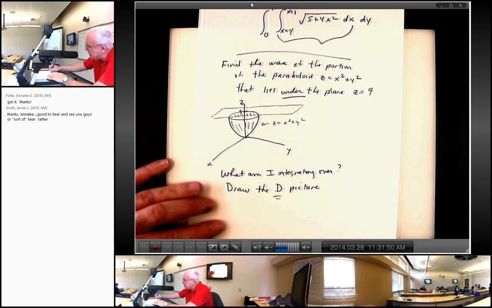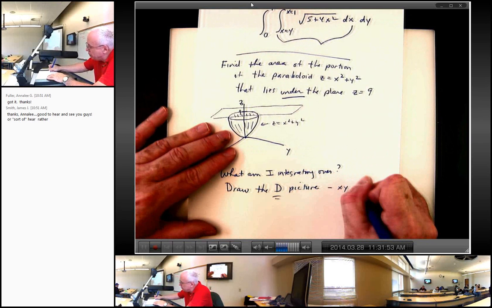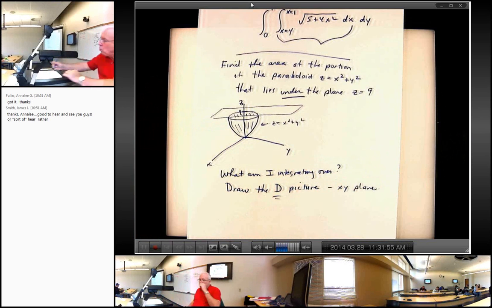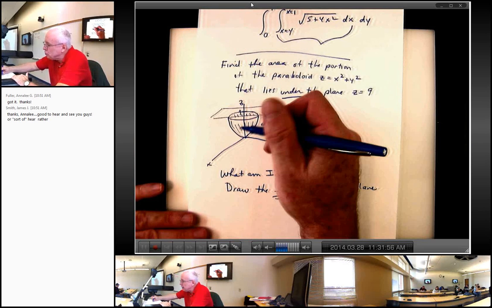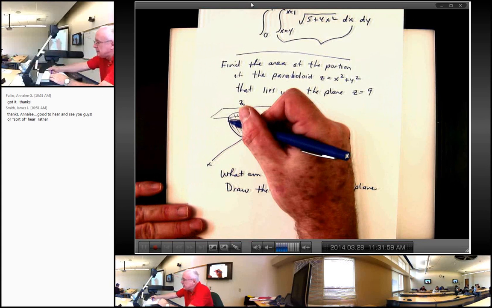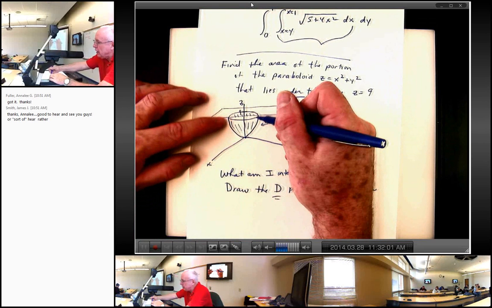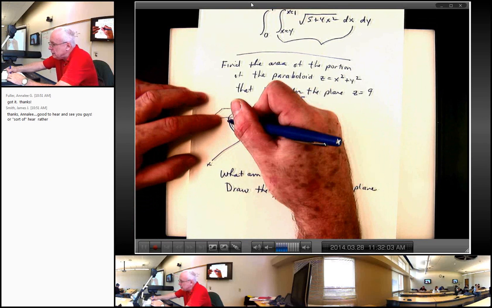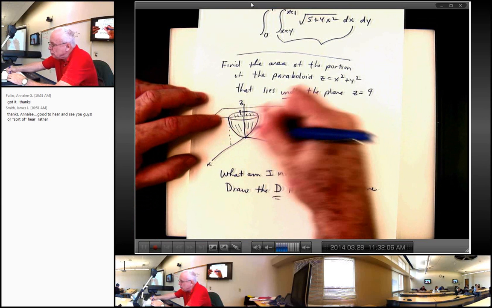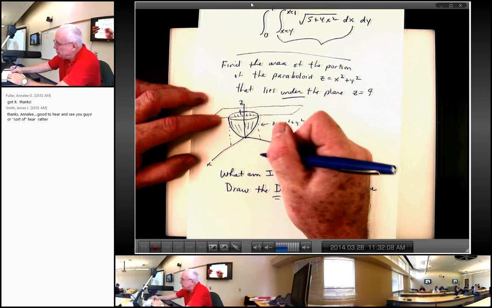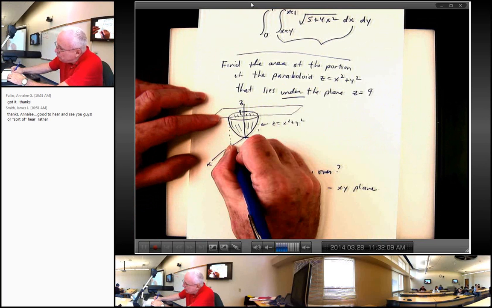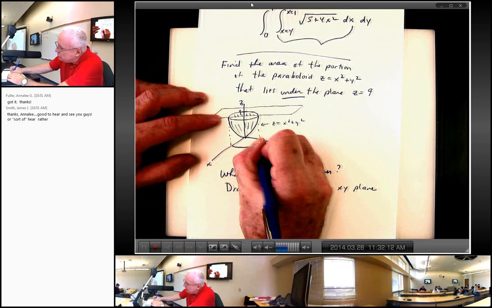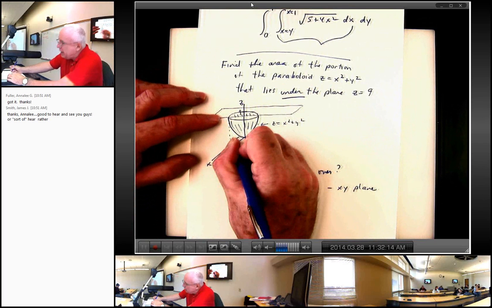That's in the XY plane. Now, what we're talking about is taking this area here and projecting it straight down onto the XY plane. So we're going to have a circle here, and it's also going to circle around on the back.